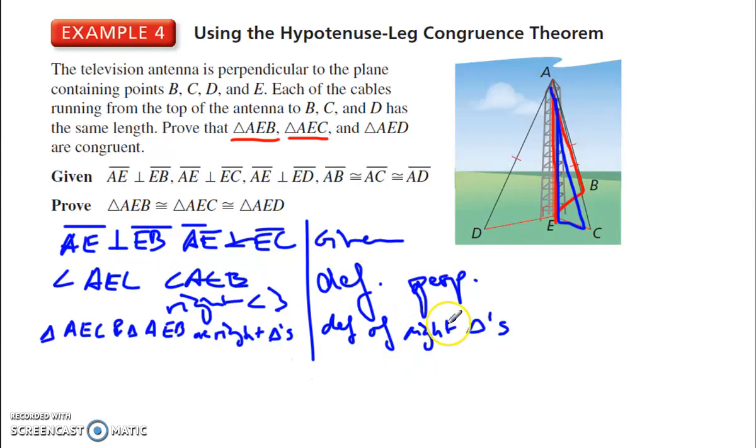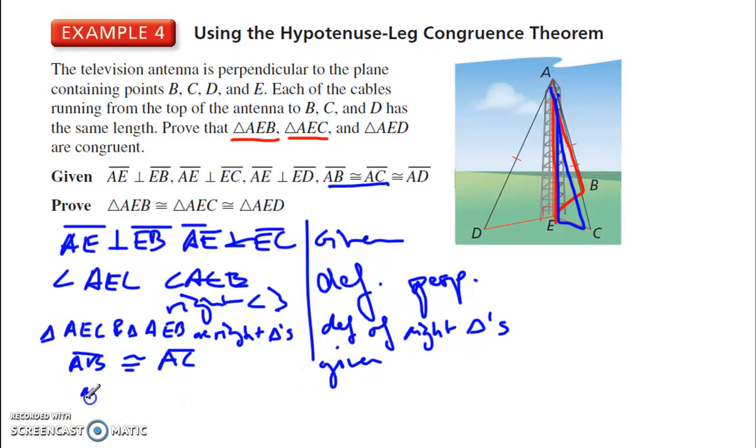Definition of right triangles. And then we know that AB is congruent to AC, given.